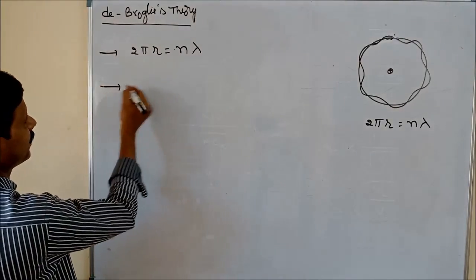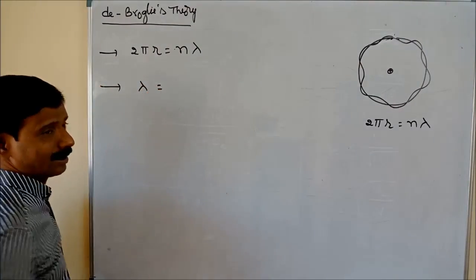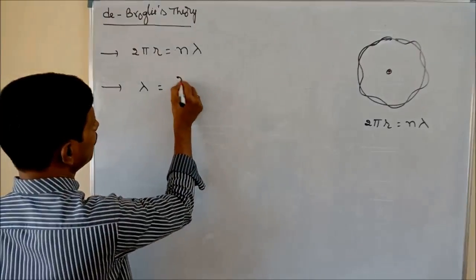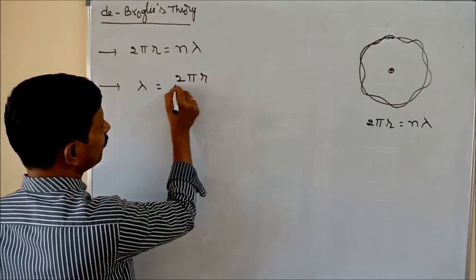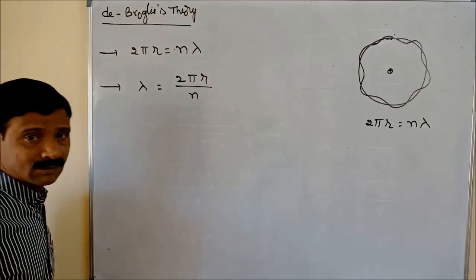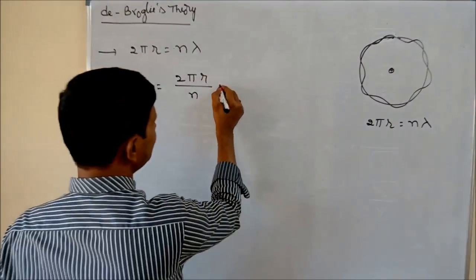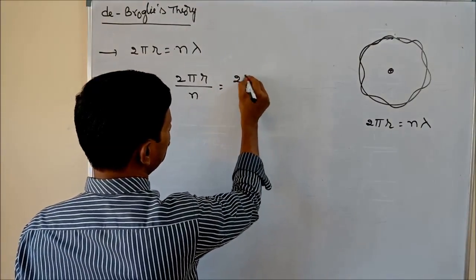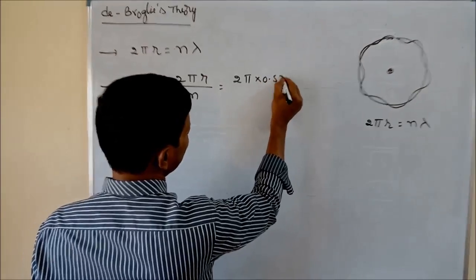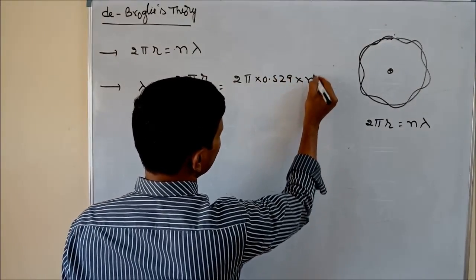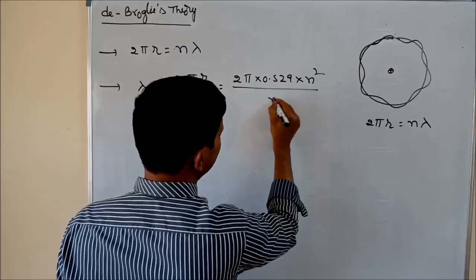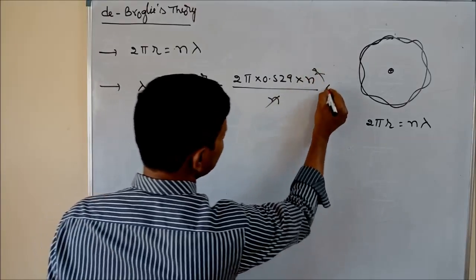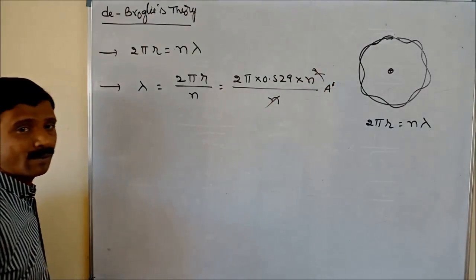Now, as per this, the wavelength in that circular orbit is 2 pi r by n. But if you expand this formula, 2 pi into 0.529 into n square by n, where this is especially in angstroms.